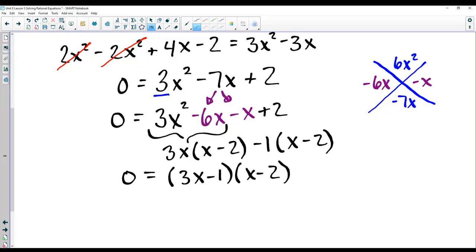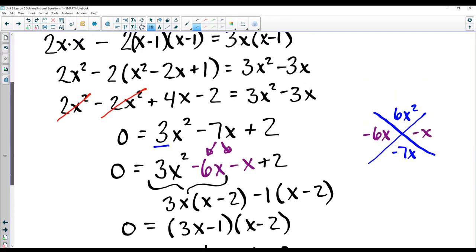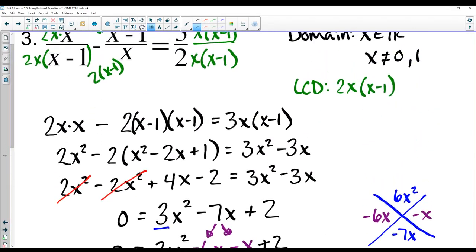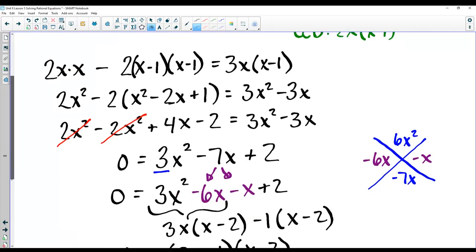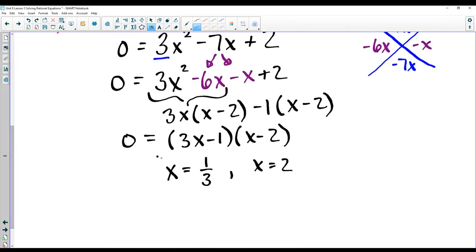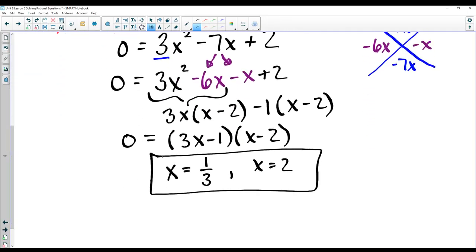So this is how that quadratic factored, which means that our two answers will be x equals 1/3 and x equals 2. If we consider our domain, we had restrictions at 0 and 1, which are not these answers, which means that both of these are considered our answers for this one.